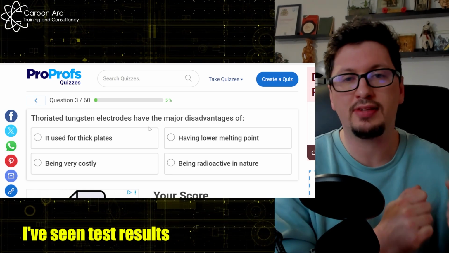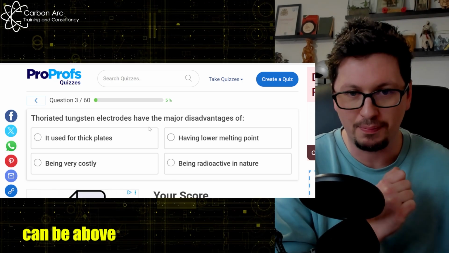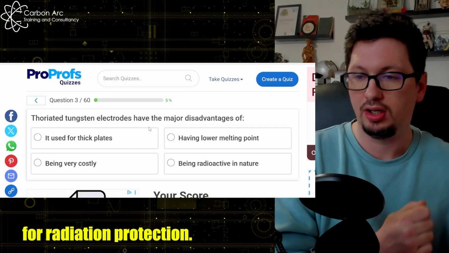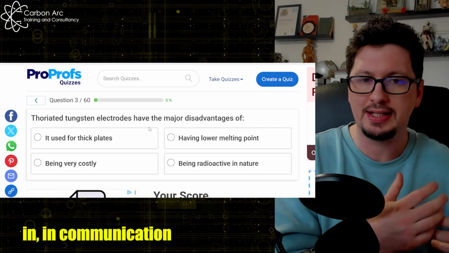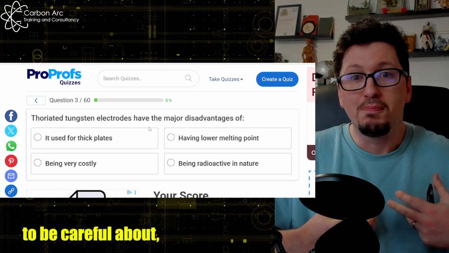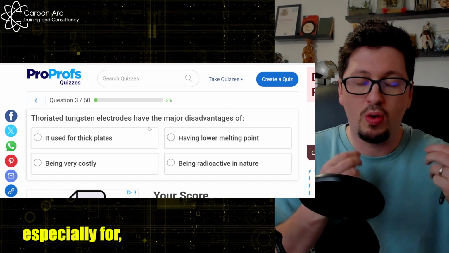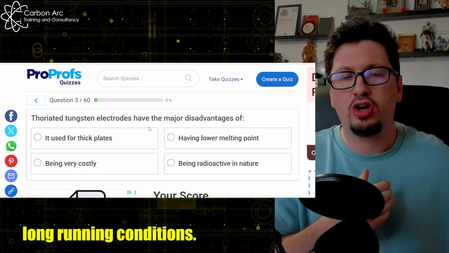And I've seen test results which show that it absolutely can be above the action levels for radiation protection. Right, so there's more knowledge and communication around these electrodes, which we've got to be careful about. But they're by far one of the best electrodes, especially for high amperages in TIG, long running conditions.